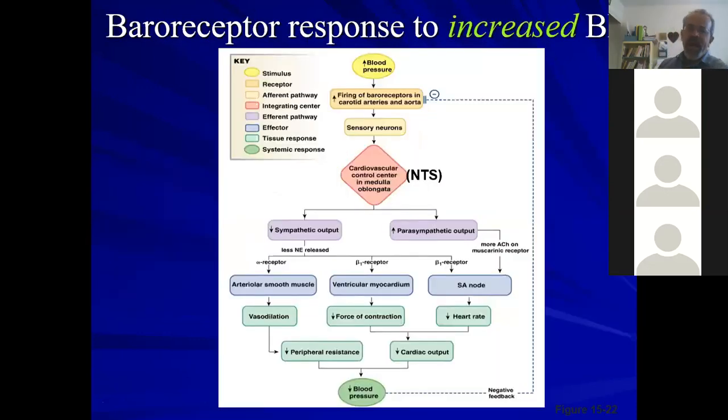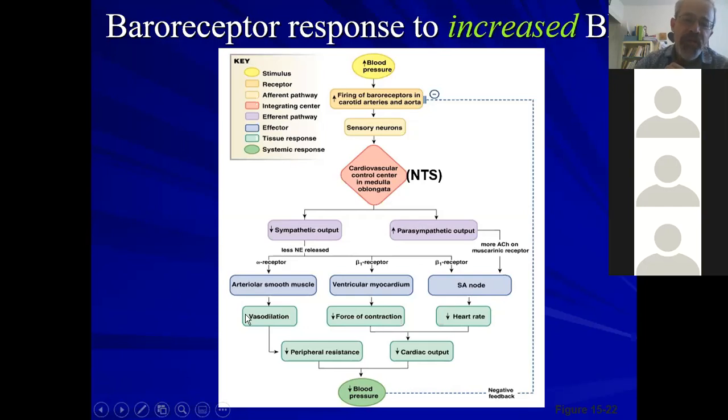So first of all, what happens if blood pressure goes up? All right, if blood pressure goes up, the baroreceptors will start firing electrical impulses that will travel to the medulla. Very simply put, the response in this case is to activate the parasympathetic system to inhibit the sympathetic. So by inhibiting the sympathetic system, we're going to decrease the force of contraction, right?